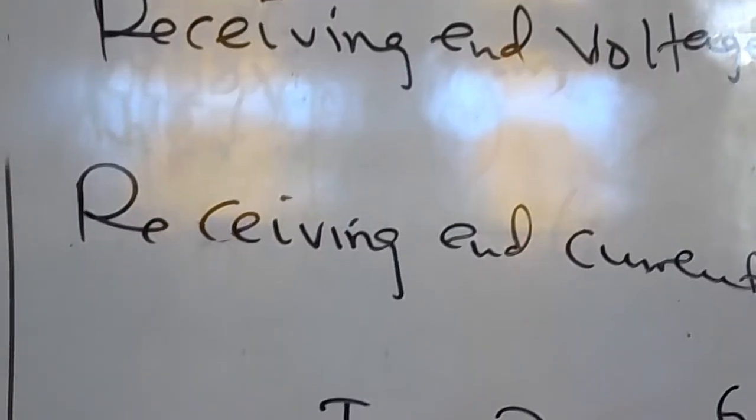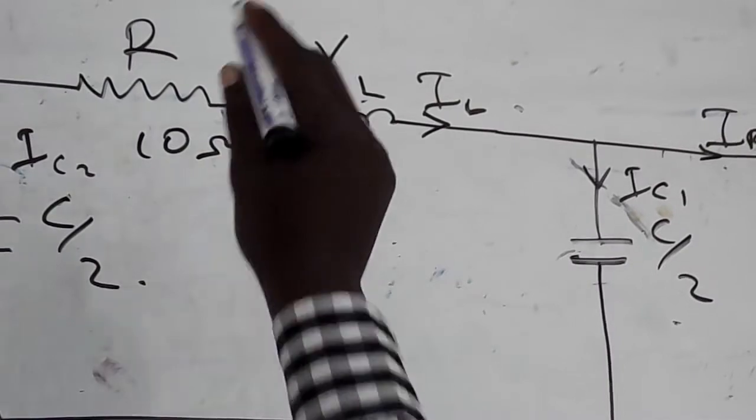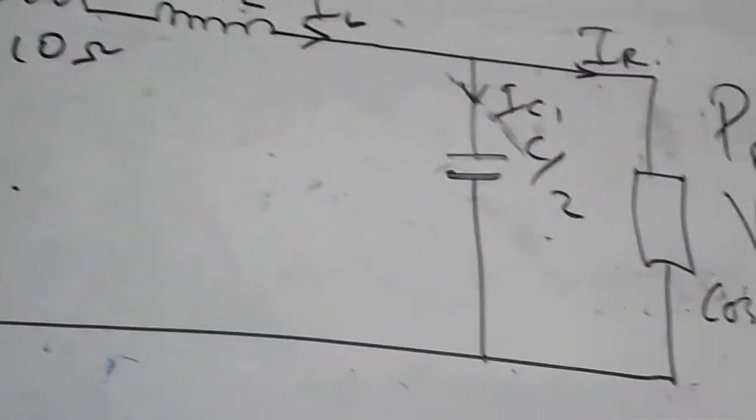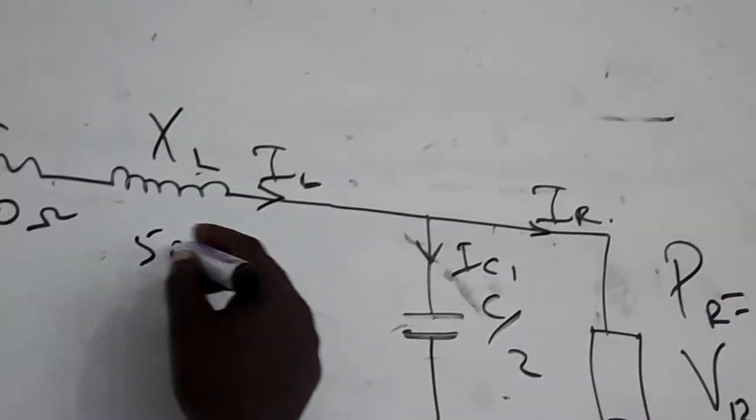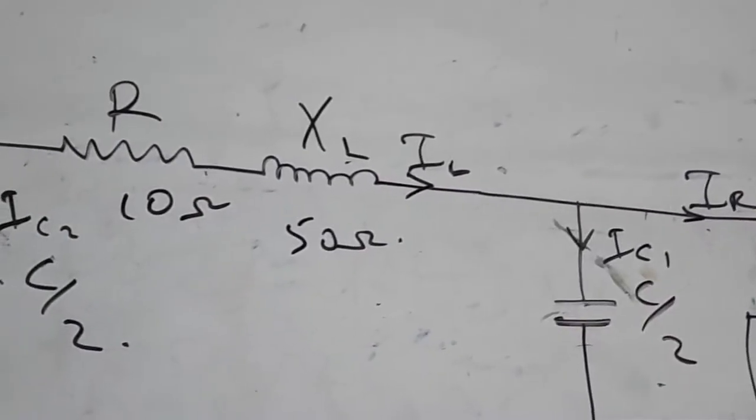Now, continuing on the other side, you can see that the total resistance is 10 ohms. Inductive reactance is 50 ohms. So from there we can get the line impedance.